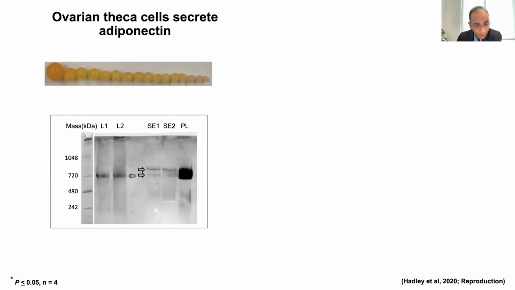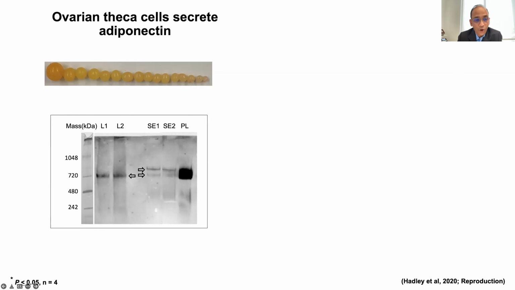As I showed in the previous couple of slides, adiponectin is not just expressed in adipose tissue, but in multiple tissues in the case of chicken. The organ of interest for us is obviously the ovary. The ovary in ad lib fed broiler breeder hens also has an excessive amount of pre-hierarchical follicles. So we wanted to know if we take those pre-hierarchical follicles and isolate theca and granulosa cells, whether those cells produce adiponectin locally as well.